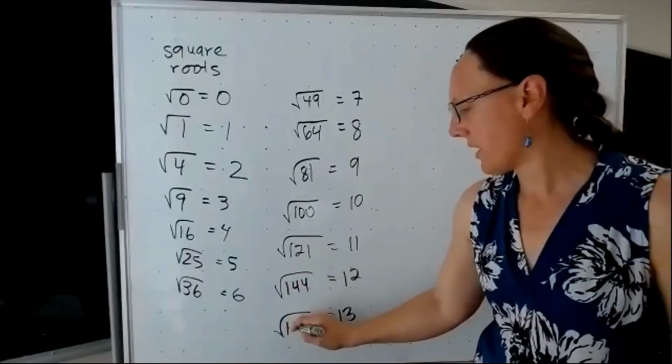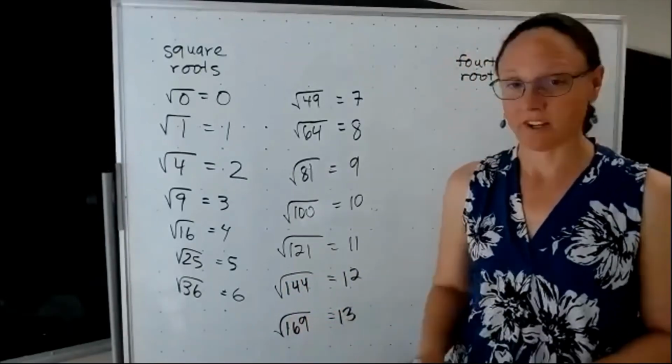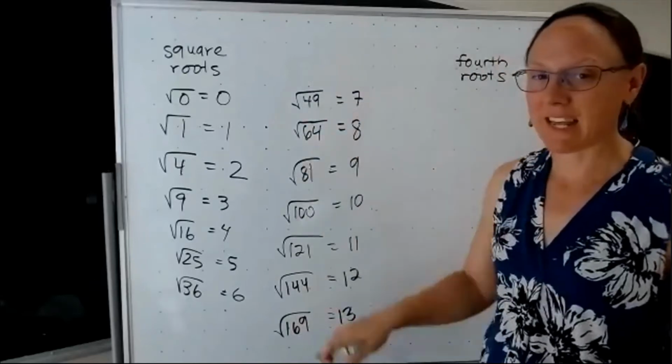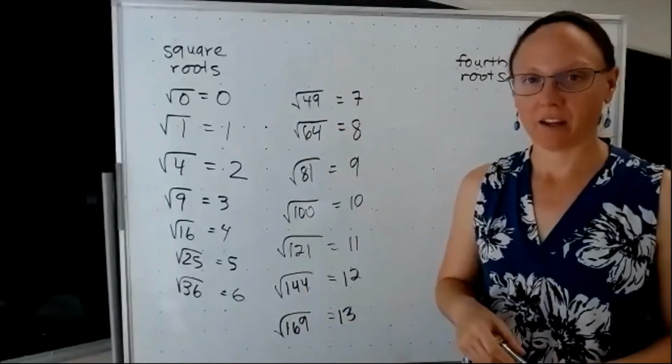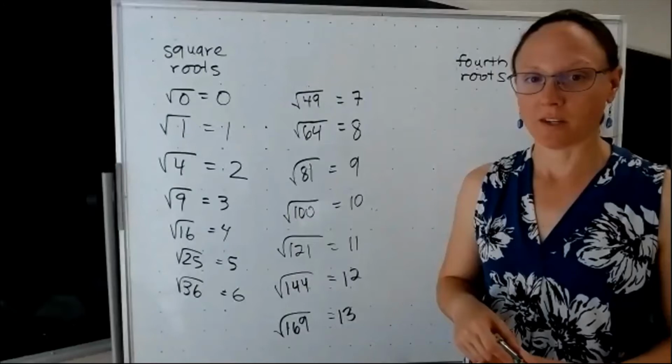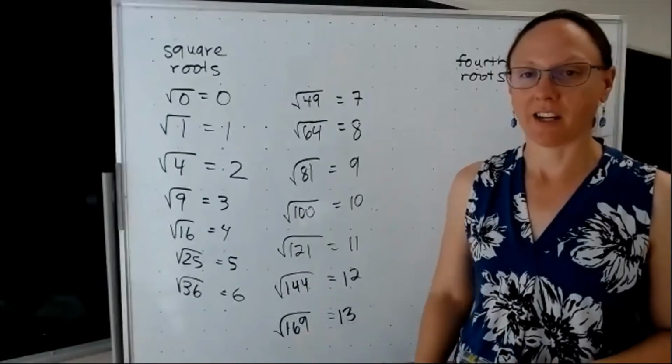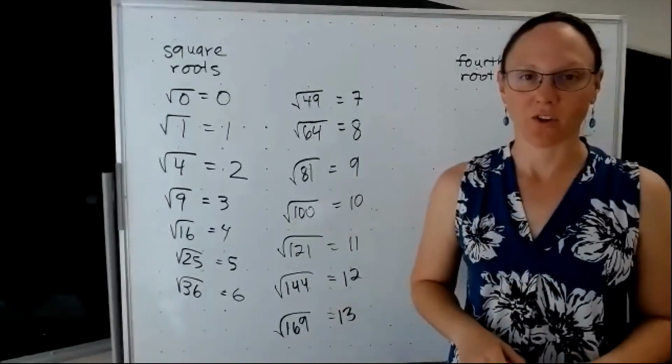And square root of 13 squared is 169. I would say you ought to be able to get that high in terms of square roots. So if you see 169, you should say, yep, that's the square root of 13.